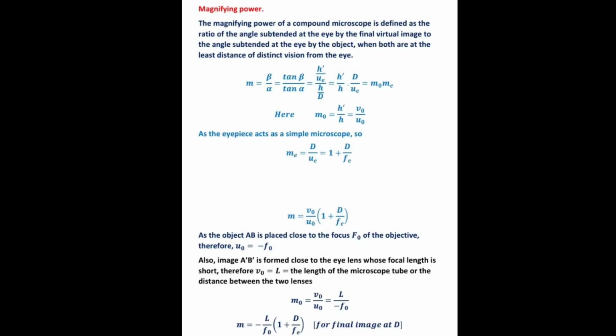So put the value of m_o in the expression of the magnifying power of the compound microscope, and we get a new relation in terms of the length of the microscope tube. So small m is equal to minus L divided by f_o, multiplied with (1 + D/f_e). So this is for the magnifying power of the compound microscope.